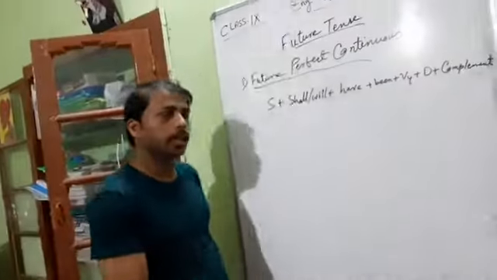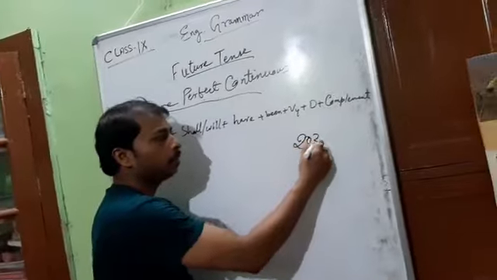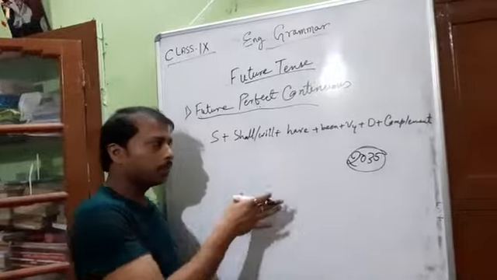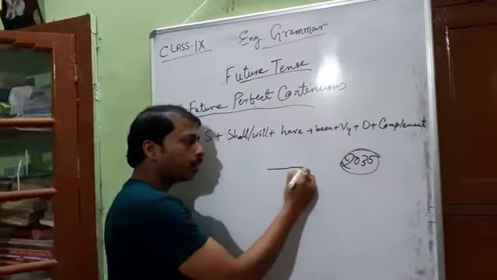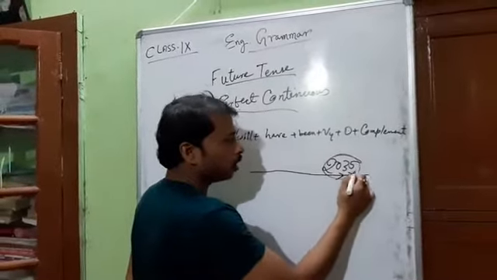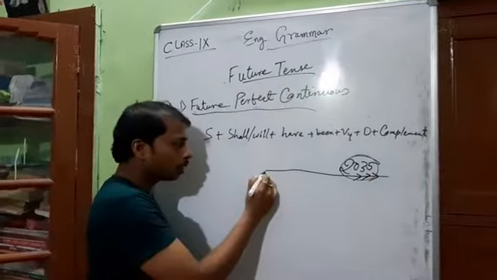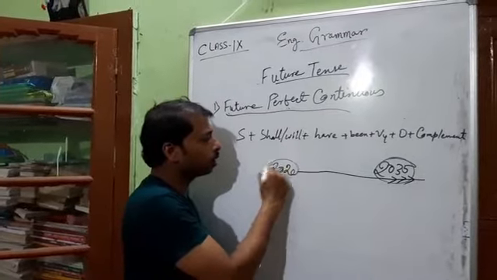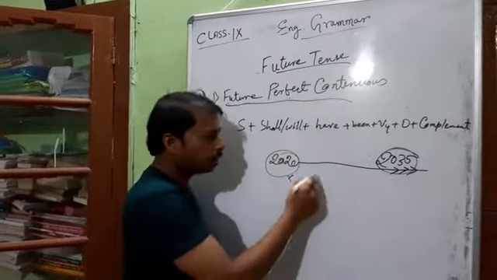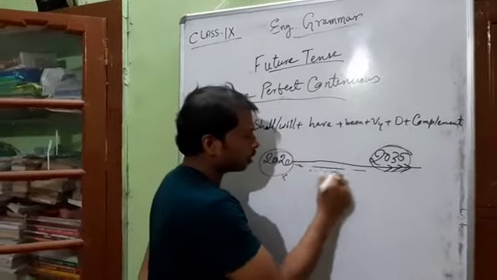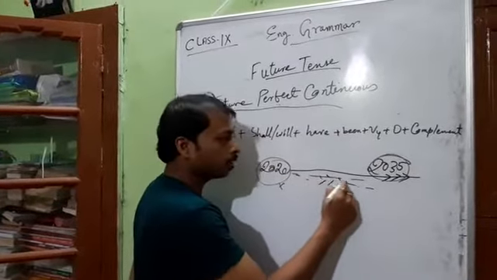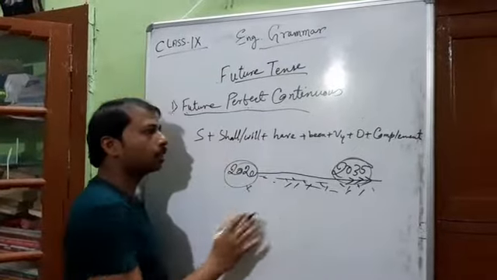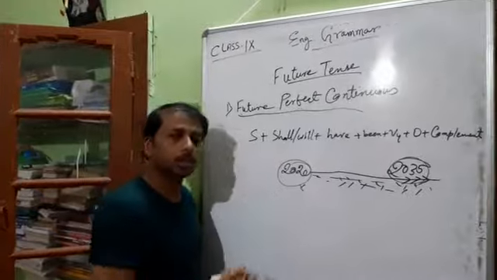Suppose again let's take 2035 as a time, and let's say some incident that will begin before that time and will go on even during 2035. But keep in mind that action has not begun now. Now it is 2020. So now the action has not started. The action will start somewhere around in this space. And it will continue. Even in 2035 it will continue. Such actions are said to be in future perfect continuous tense.